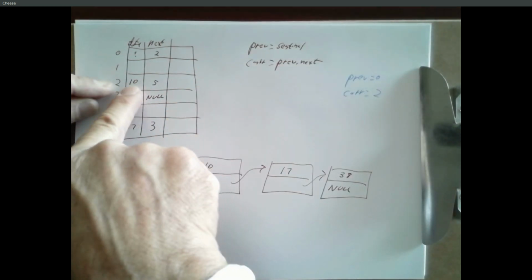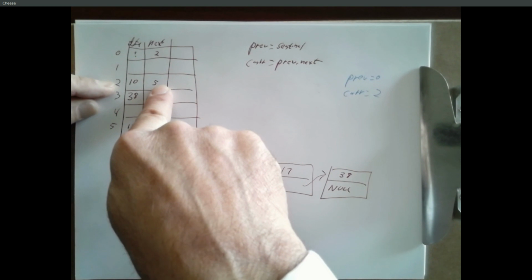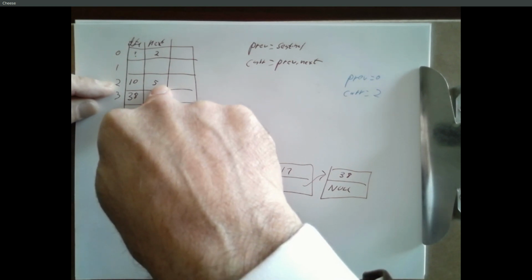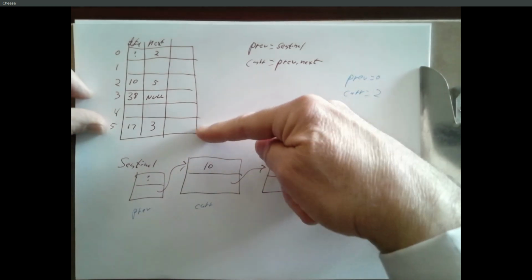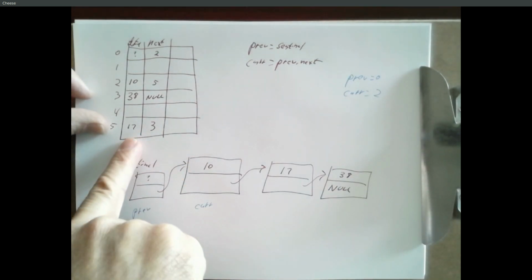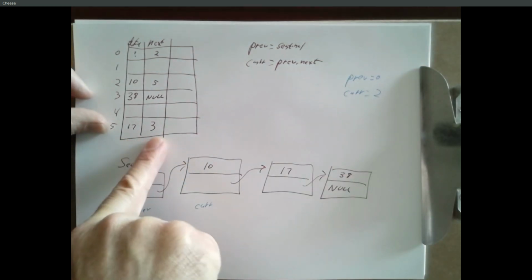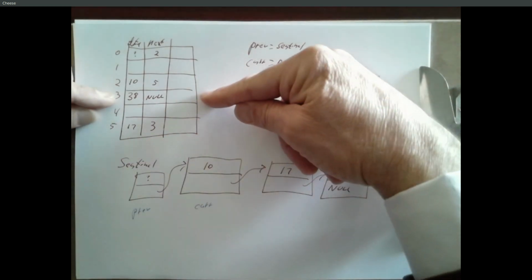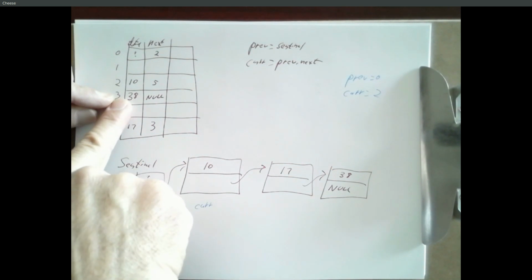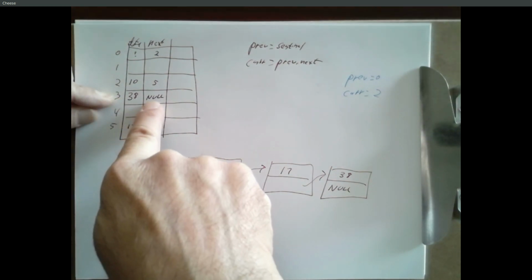It's a node containing a 10 and pointing to node 5. And again, node 5, this is just an integer. We mean the node stored at location 5, which is the node with a value of 17, pointing to node 3, which means pointing to the node stored at location 3, which is a 38, which doesn't point anywhere. It's the end of the list.